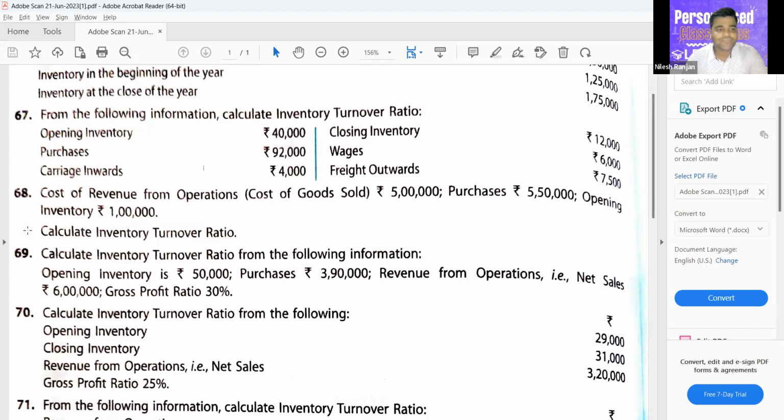Okay, so this is our question number 68. Now in question number 69, you can see opening inventory is given, purchase is given, revenue from operation is also given, and a gross profit ratio of 30%. Now, in this question, can we calculate closing inventory or not? Explain to me, if we have to calculate closing stock, then what will we do?